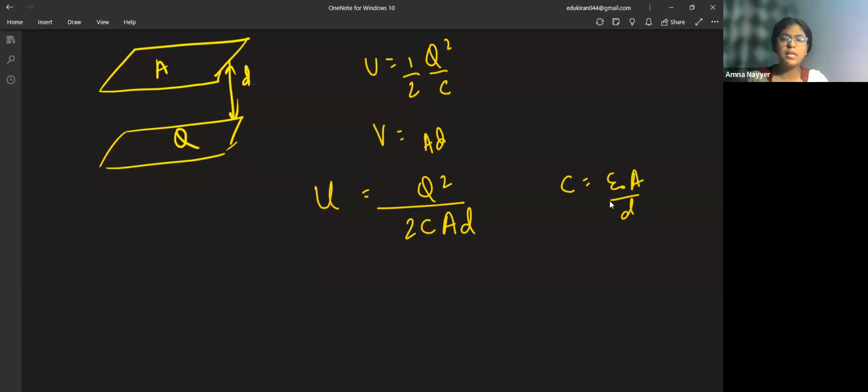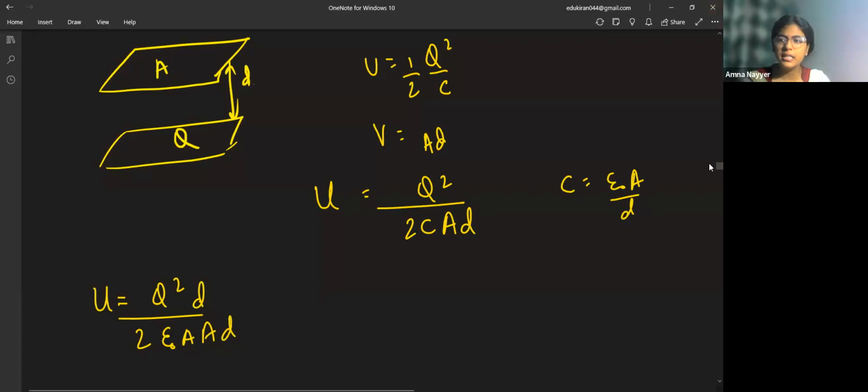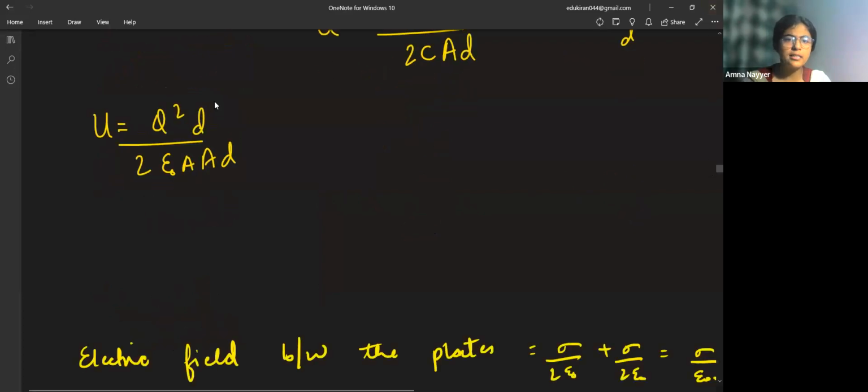So if you substitute this here, this becomes Q square by 2 epsilon naught A by D for capacitance, again area into D. Is anything getting cancelled? Yes, D is getting cancelled and area is getting squared. So we are left with Q square by 2 epsilon naught A square.